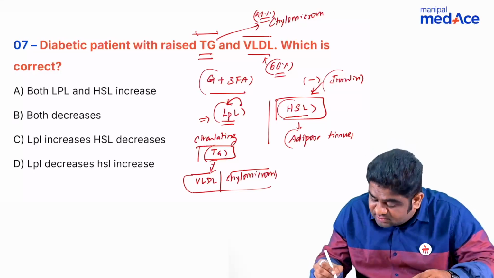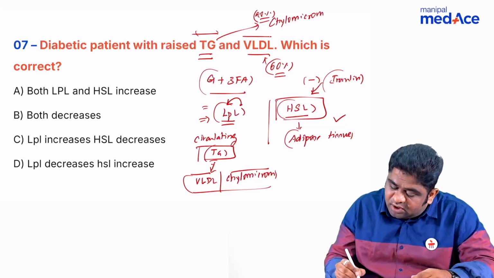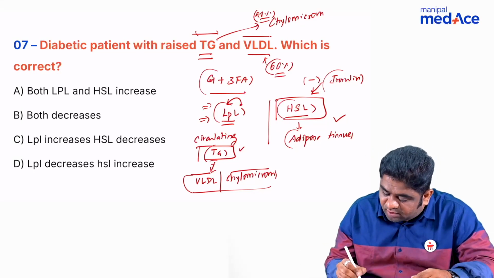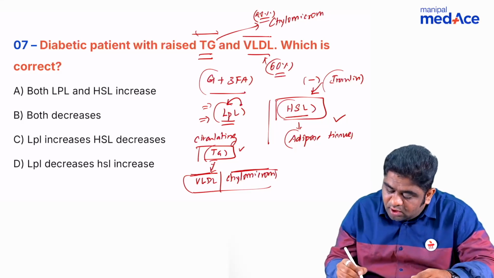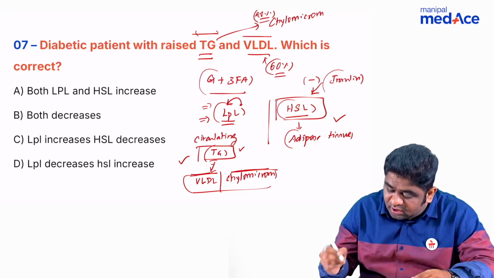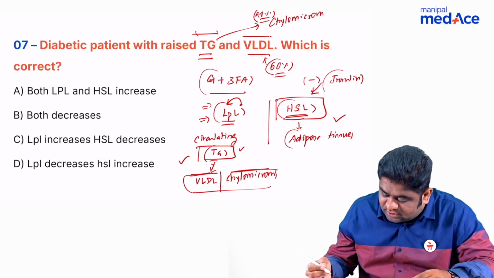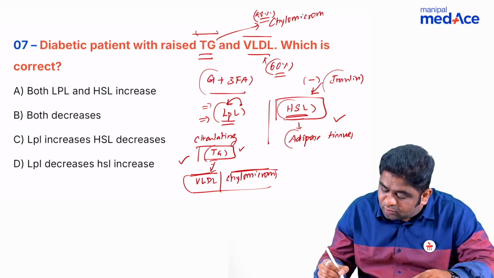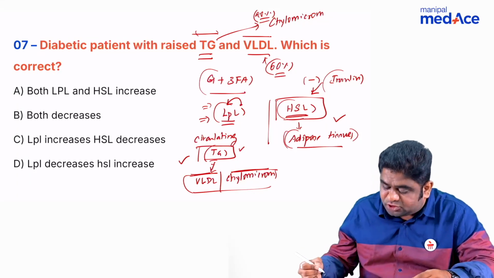Triglyceride is accumulating inside the adipose tissue also. LPL will break open the triglyceride from that of VLDL and chylomicron, because of which you will be able to see triglyceride elevation. But HSL will be able to break open the triglyceride from the adipose tissue.